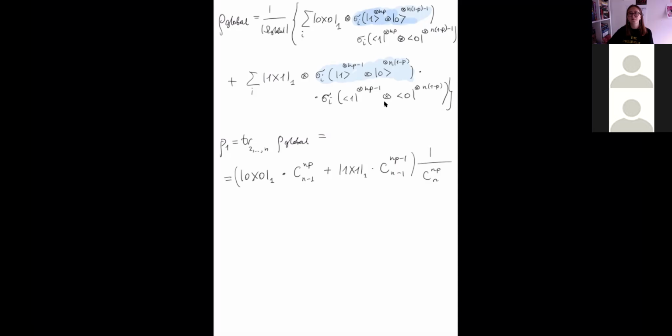Okay, so we found the reduced matrix of the first qubit. What I leave for you to do at home is take the limit of n going to infinity, the limit of many qubits, and see that this state actually coincides with the thermal state, or essentially find the asymptotic of the reduced state of the first qubit in this case.